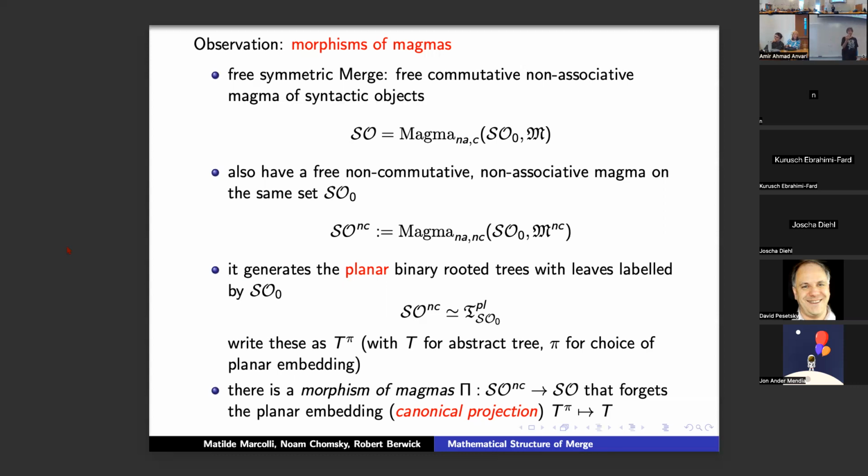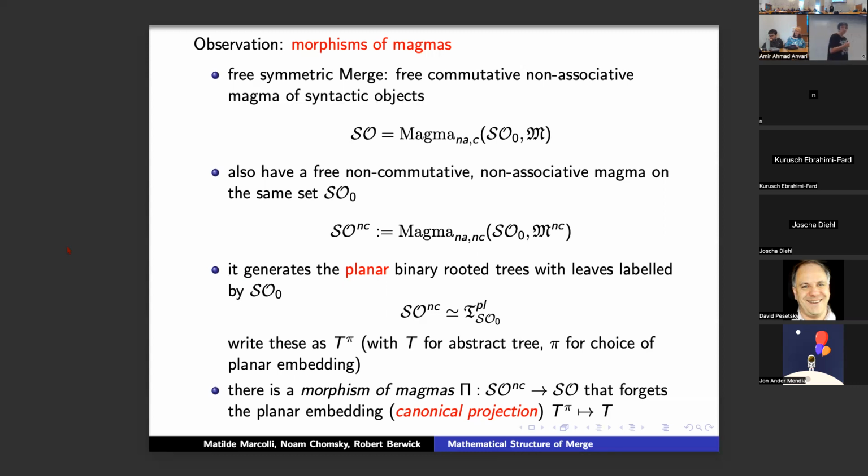The difference is that in the free commutative non-associative magma you impose the commutativity of the merge operation, while in this other case you don't impose even that relation. It's even more free than the other one.